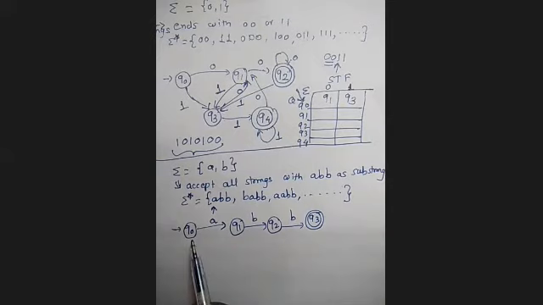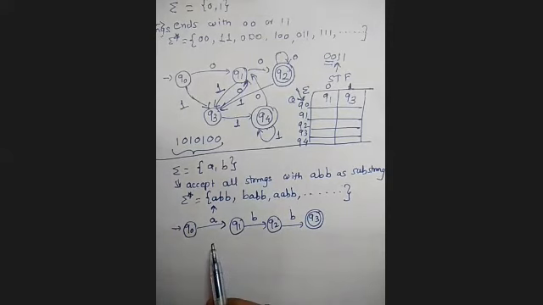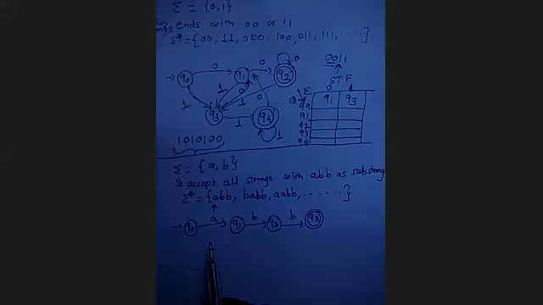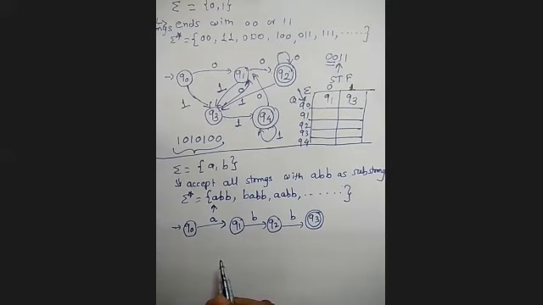Okay, let us start with Q0. What should we do? Q0 on B. To which state will you make the transition, or will you remain in the same state? Many students are giving the correct answer. Just think about whether you need to create a new state or not.